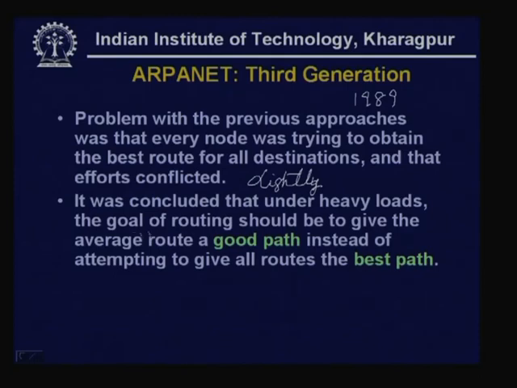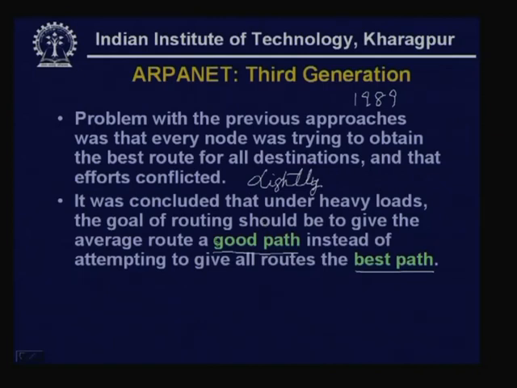So, the goal of routing should be to give the average route a good path instead of attempting to give all routes the best path. So, instead of using the best path, a good path was computed, and the basic approach was not changed.